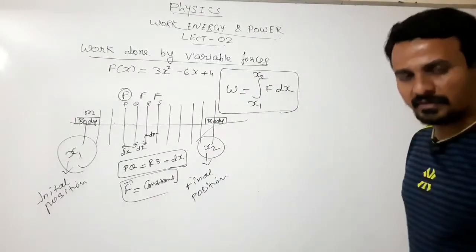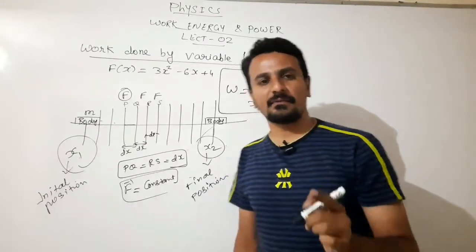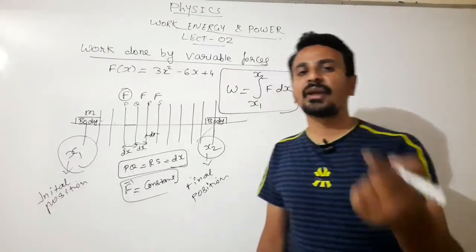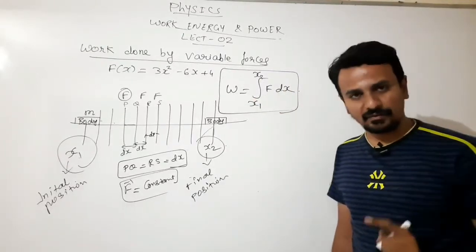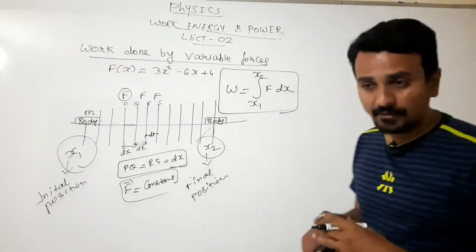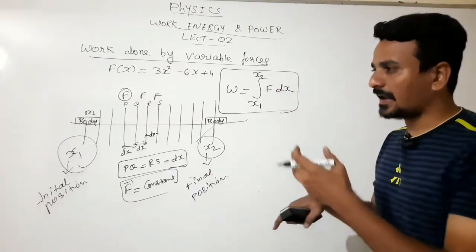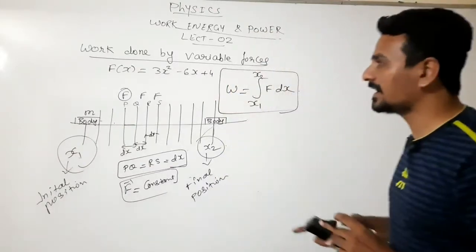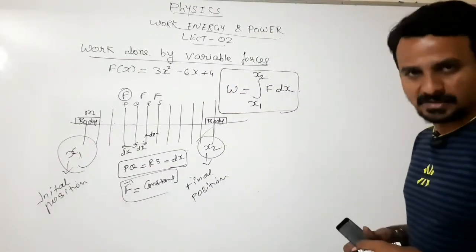Clear? This is why, whenever force is variable and you are asked to calculate work done, go for integration. We'll also understand the graph, and we'll see that the area of the graph will give work done. We'll see that, and then we'll go for the sums.